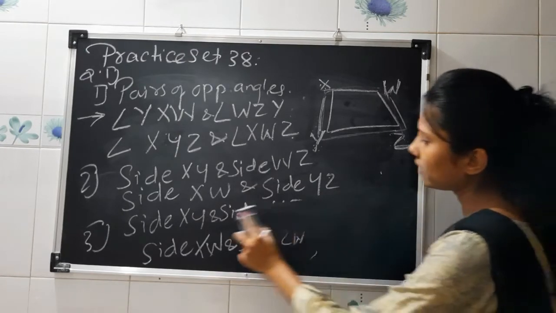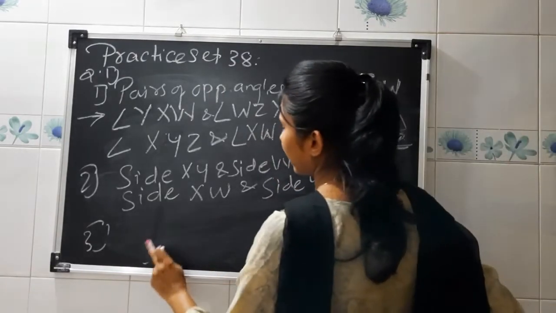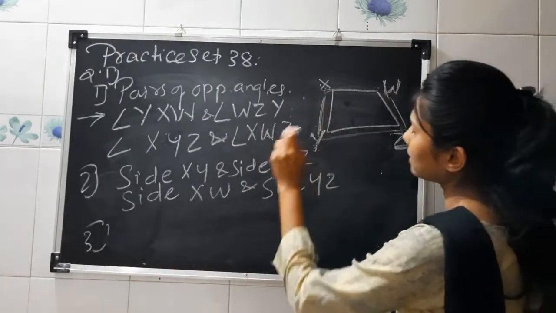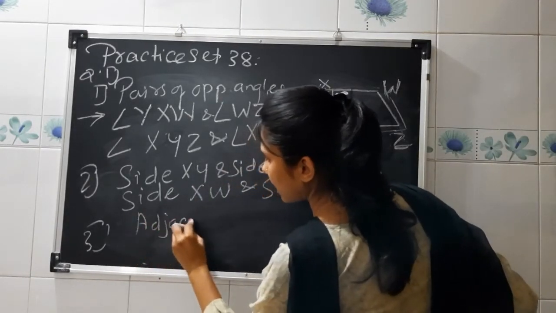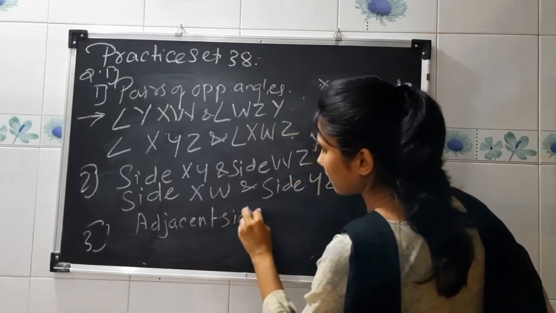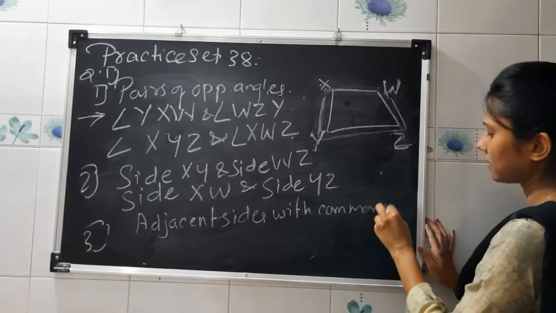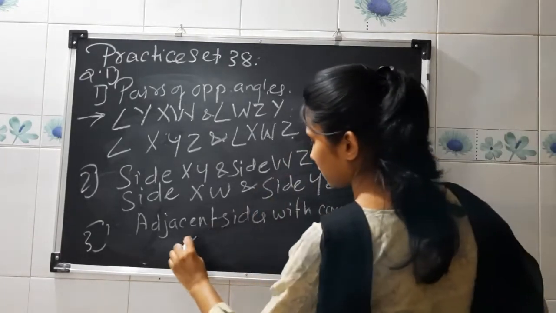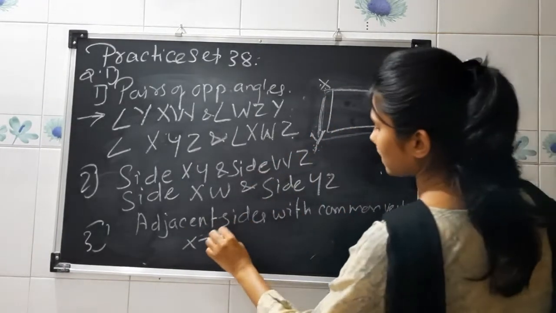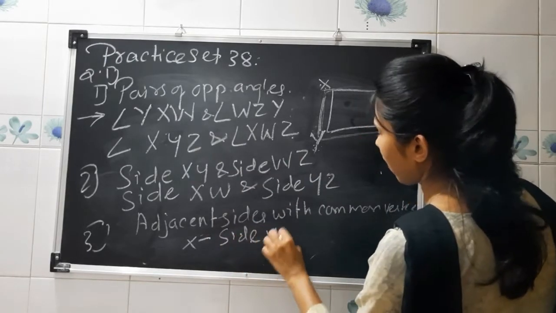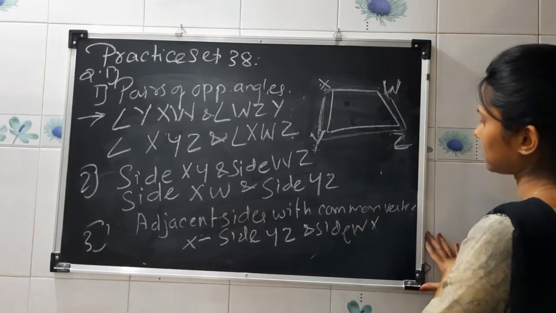You can also write the names of adjacent sides in this way. Take the common vertex. Adjacent sides with common vertex X: side YX and side WX.